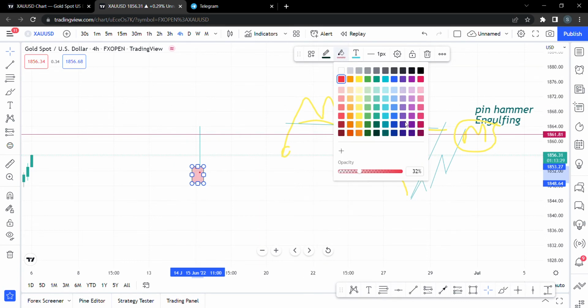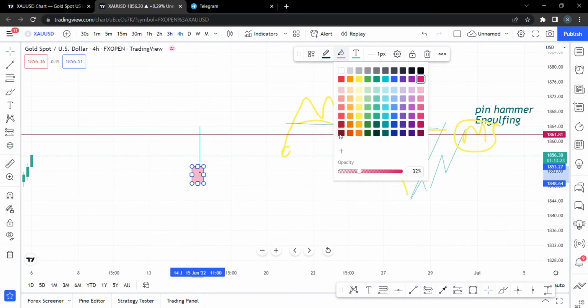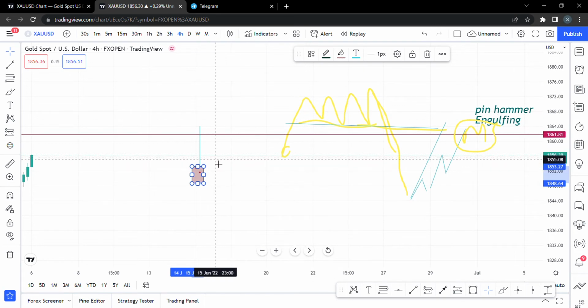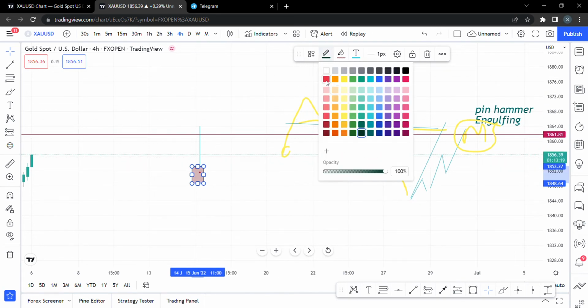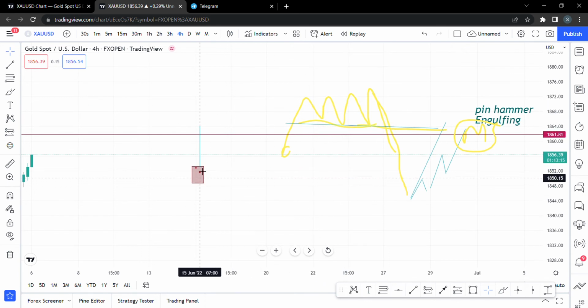It's not red. Anyways, so this is a bearish pin hammer, right? This is what you need to see at this level.